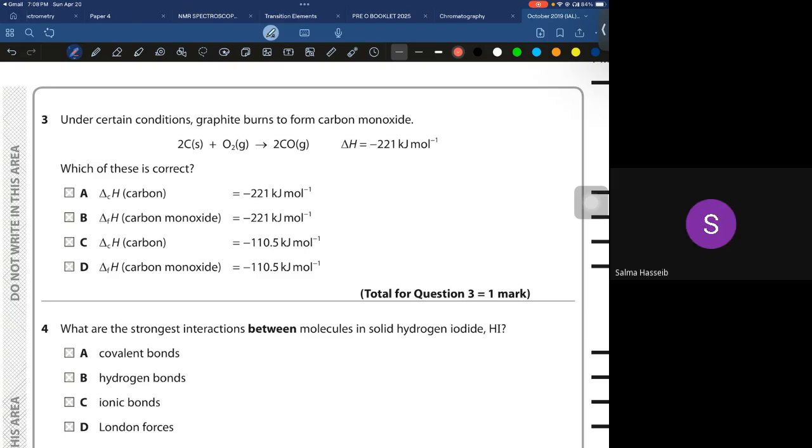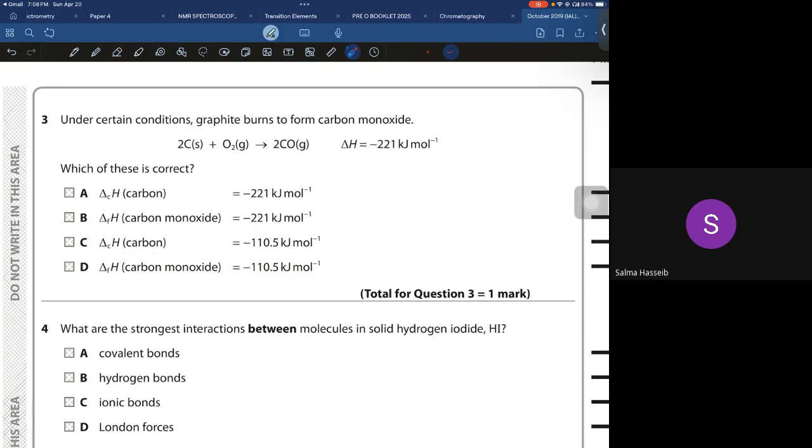Because if you divide the formation of the carbon monoxide by 2, for 1 mole of carbon monoxide it will be minus 110.5. Why not C? Because we're forming carbon monoxide and not carbon. Okay, and why not B?